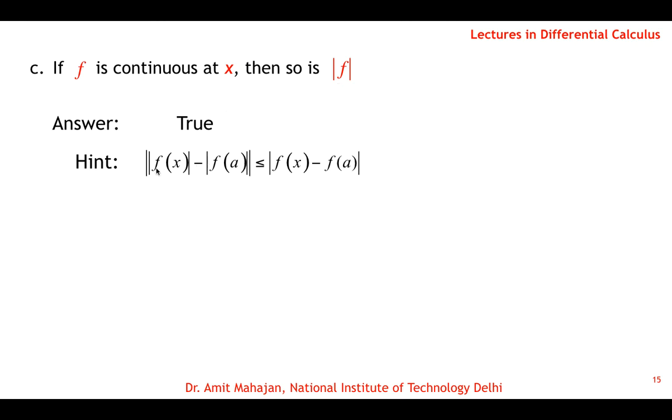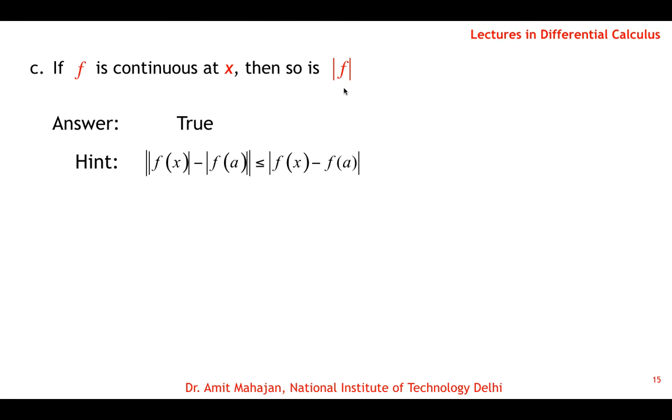To prove continuity we have to prove that the modulus of the function minus the value at the point a is less than epsilon, and there is an inequality which says that the modulus of this difference is less than or equal to the modulus of the other. Because f(x) is continuous, the difference from f(a) is less than epsilon by the continuity definition. So that's just a hint. You can solve this and prove that the modulus of f is continuous when f is continuous.